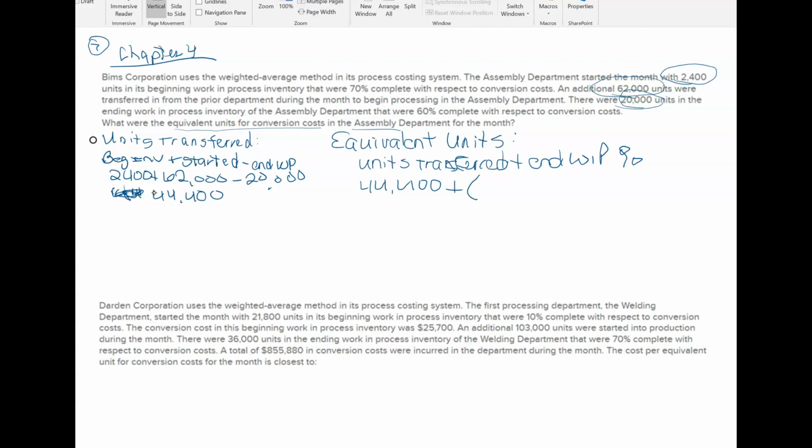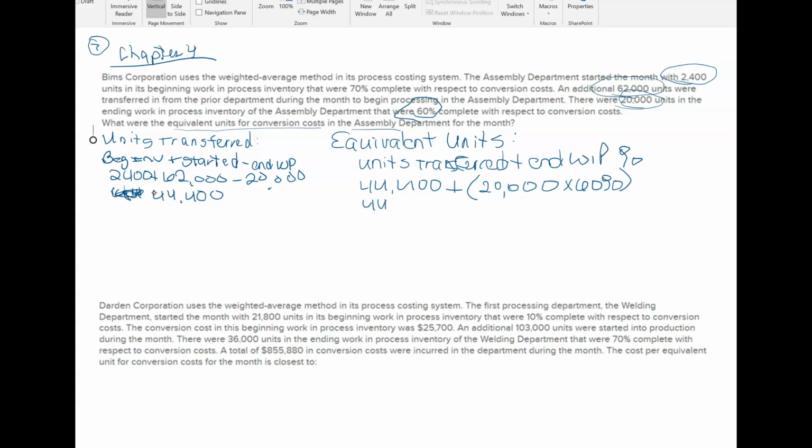And work in process, we had 20,000 in work in process at the end of the month. And those 20,000 were 60% complete with respect to the conversion costs. So take the 20,000 and multiply it by 60%. And that tells you what percent complete they were, or the equivalent units of those.